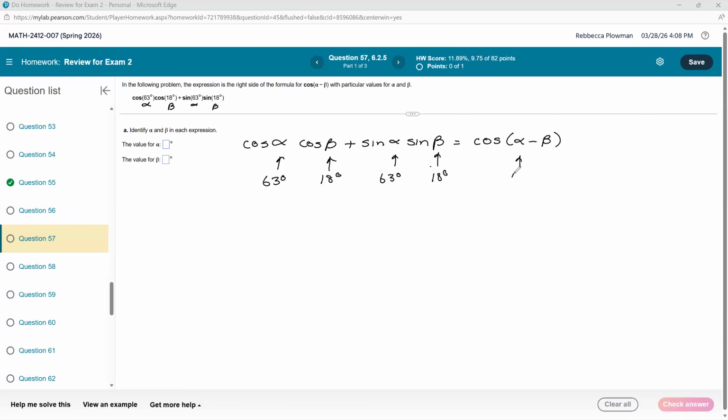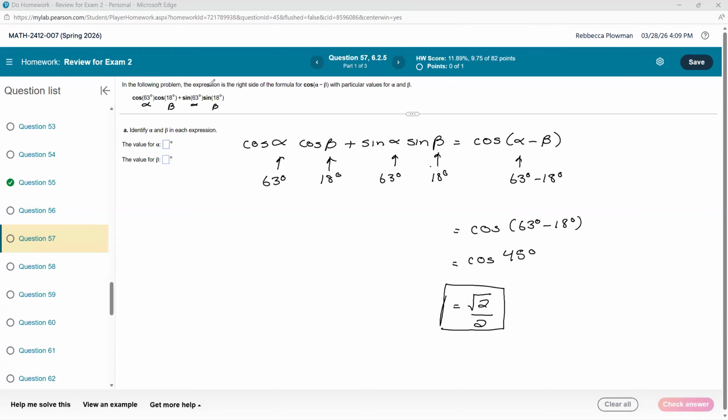So what we have is cosine of 63 degrees minus 18 degrees. For the most part, this is going to be something that's going to be on our unit circle. So 63 minus 18 is going to be 45. And if you go back to your unit circle, cosine of 45 degrees is just square root of 2 over 2.